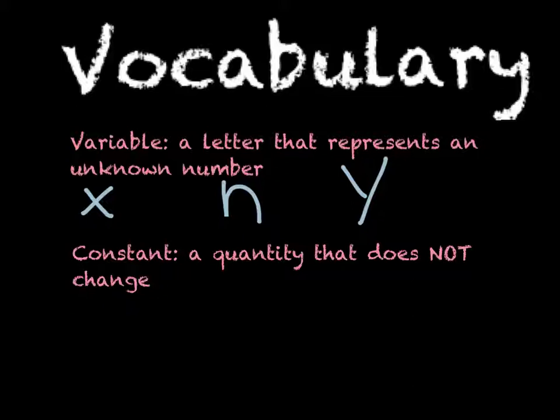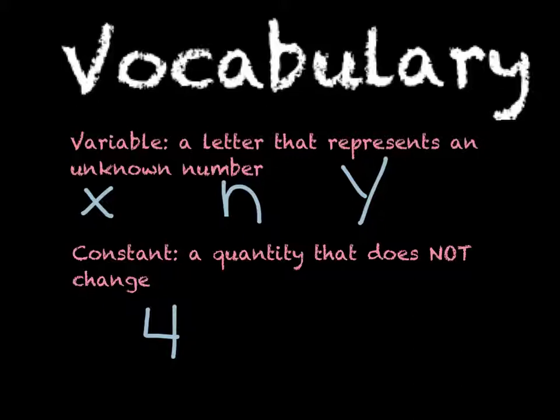So the fact that there are 12 inches in a foot, that's a constant. That thing is not going to change. In the expressions before, when we had 4 plus 8, 4 doesn't change itself. We can't make that into a new value until we add 8 to it.